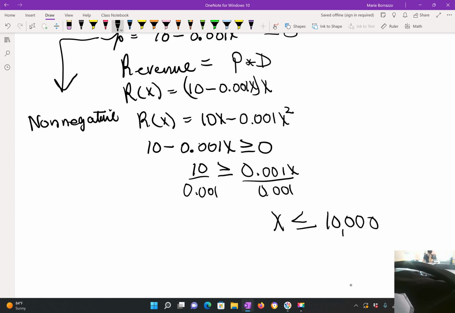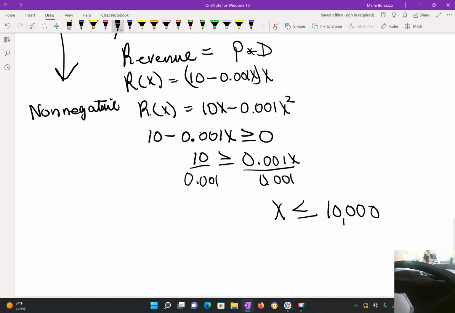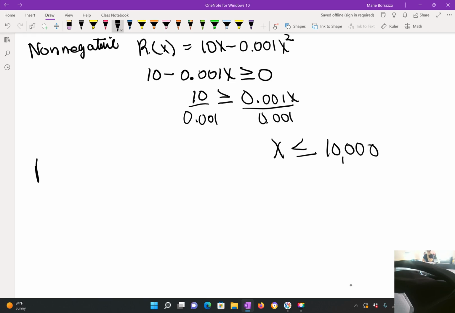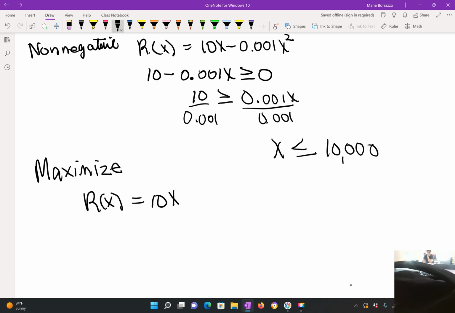So we're trying to maximize this, correct? So if we're trying to maximize this, keeping all of these details in mind, it's a lot of steps, I know. You need to keep in mind that that revenue function is equal to 10x minus 0.001x squared.